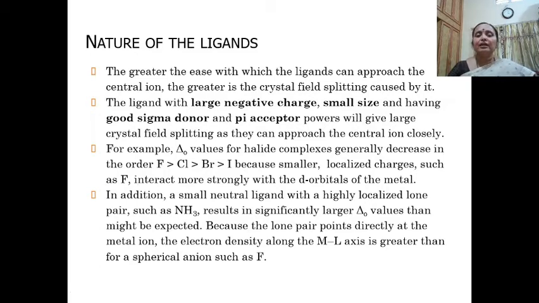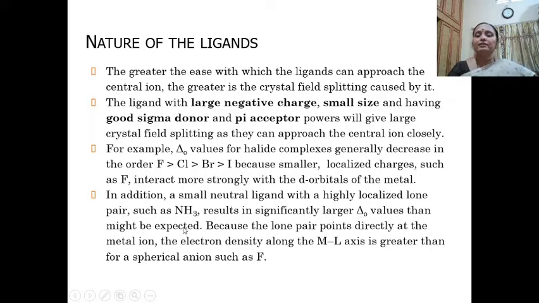In addition, a small neutral ligand with a highly localized lone pair, such as the ammonia molecule, is also going to give significantly larger delta values than might be expected.